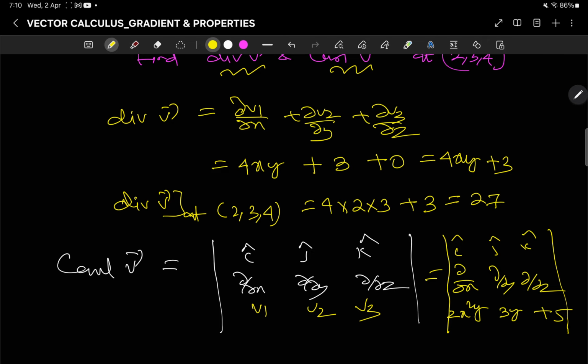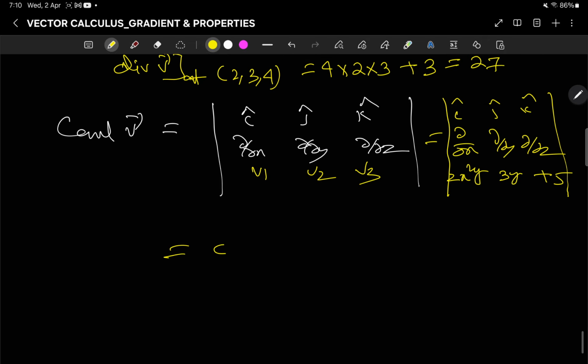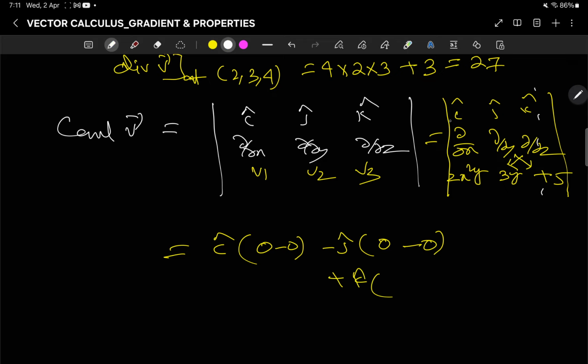Now simply you evaluate the determinant. So it is i times del by del y of 5 minus del by del z of this, which is 0 minus 0, minus j times del by del x of 5 minus del by del z of this, which is 0, plus k times del by del x of this, 0, minus del by del y of this, 2x square.